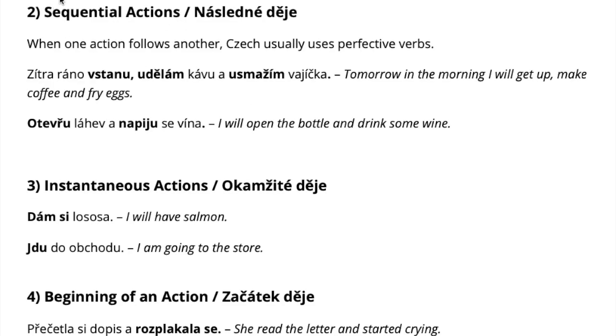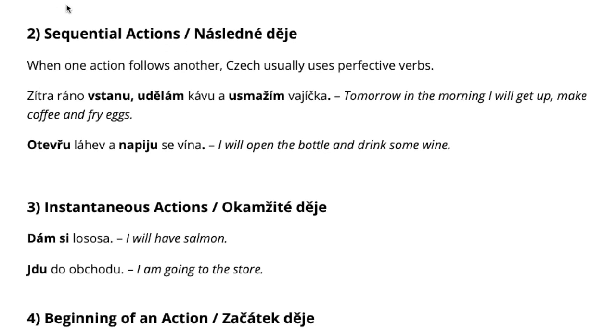Second case of possible usage of perfective verbs is sequential actions. To jsou následné děje. When one action follows another, Czech usually uses perfective verbs. Pokud máme nějakou posloupnost událostí, v češtině používáme dokonavá slovesa. Zítra ráno vstanu, udělám kávu a usmažím vajíčka.